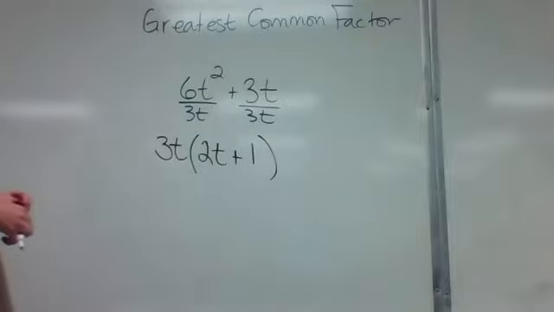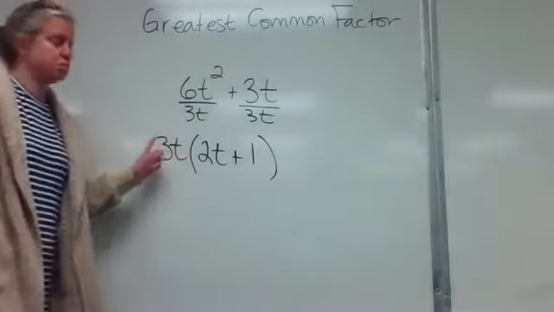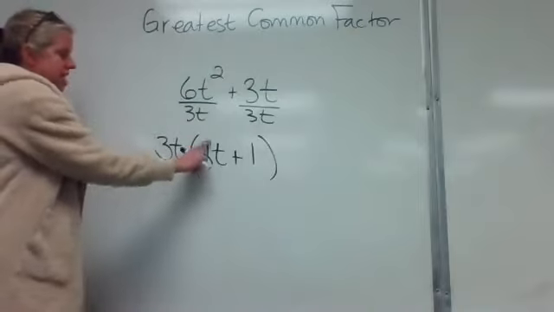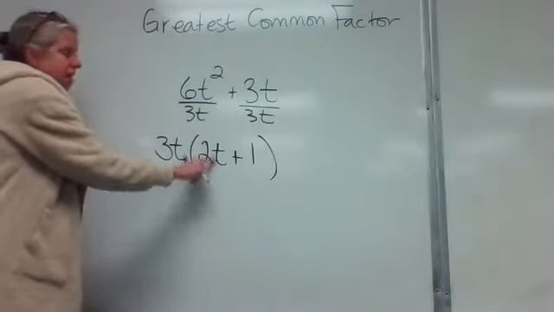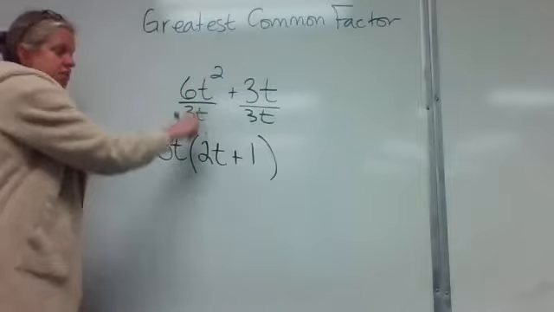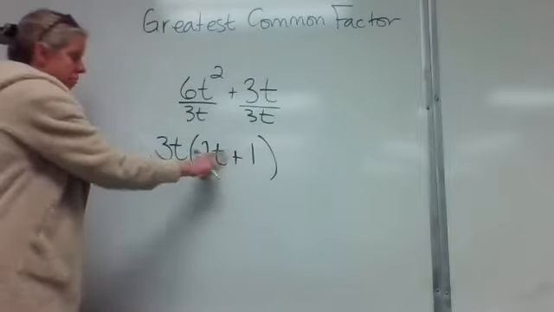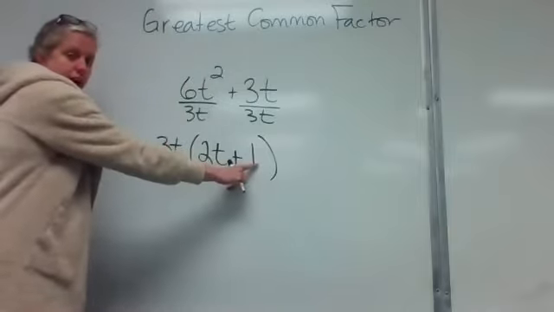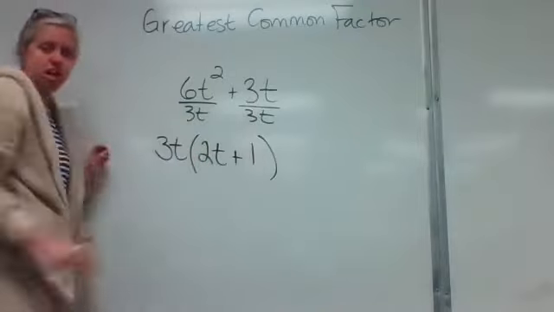Again, if you wanted to check it, you could distribute this back through, right? 3t times 2t would give you that 6t squared, plus 3t times 1 gives you that 3t.